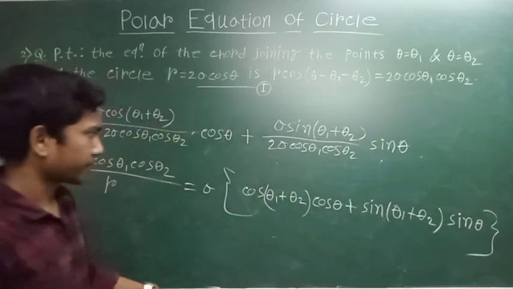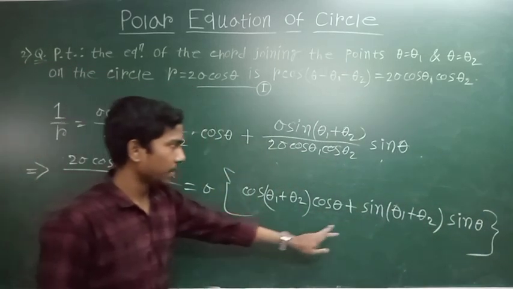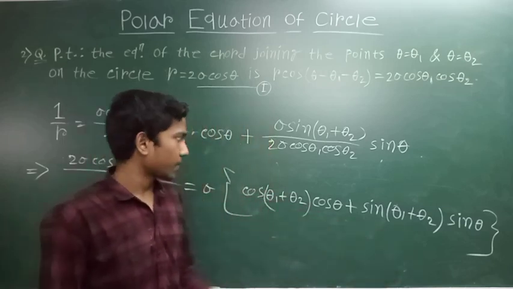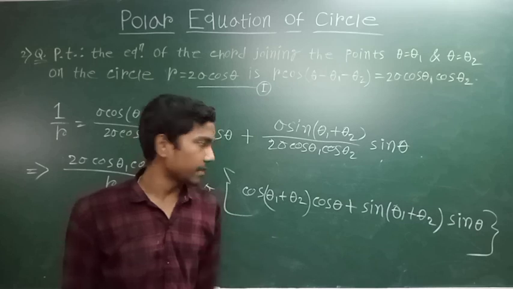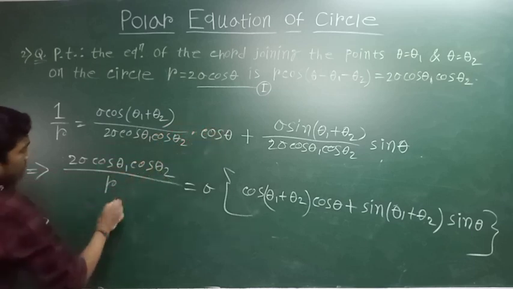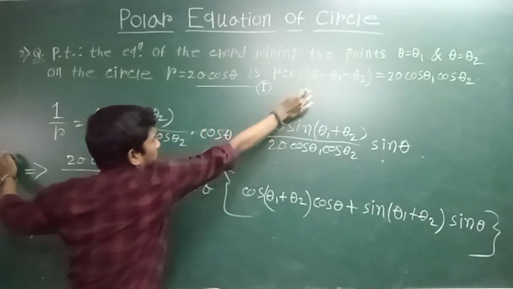Now this is cos A cos B plus sin A sin B, which is the formula of cos (A minus B). Cos (A minus B) is equal to cos A cos B plus sin A sin B. So we can write this, and finally we'll get this result.